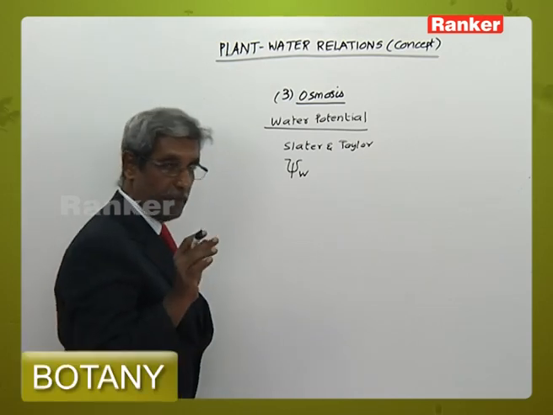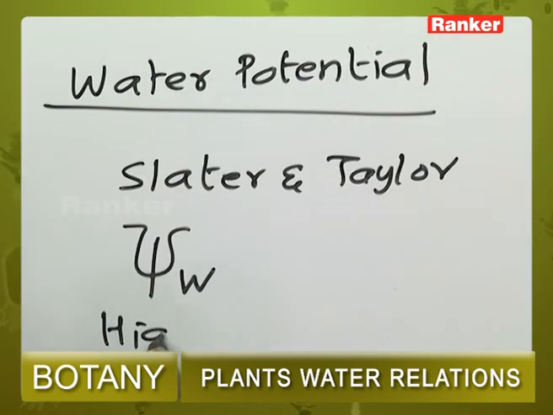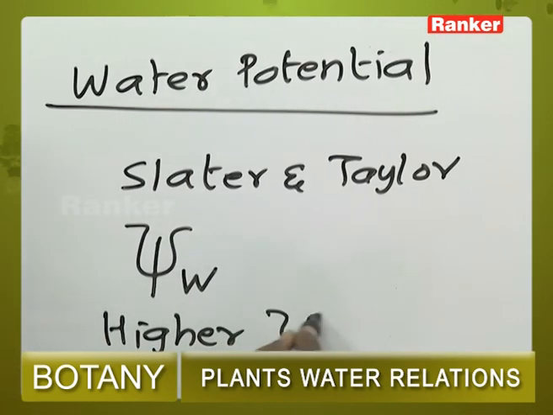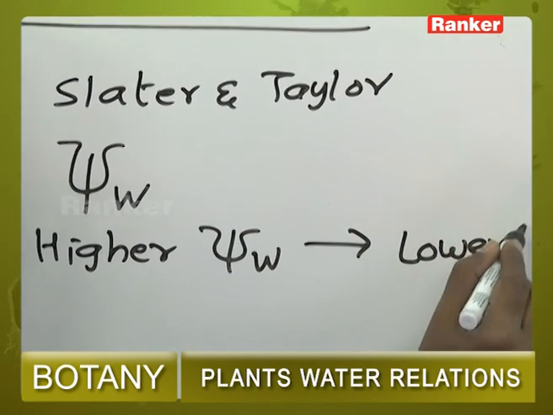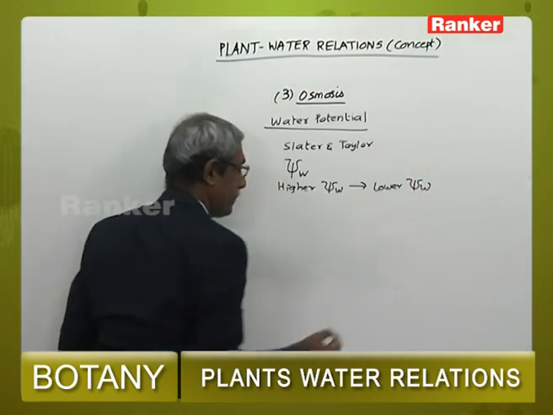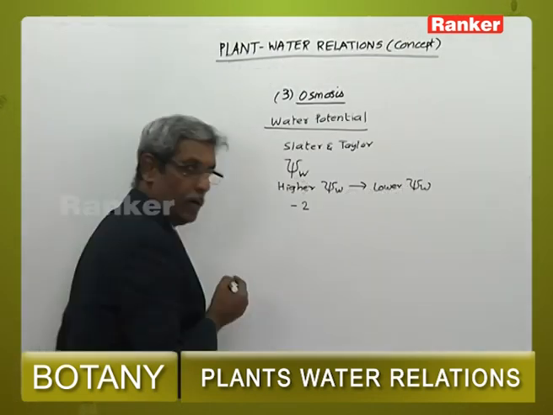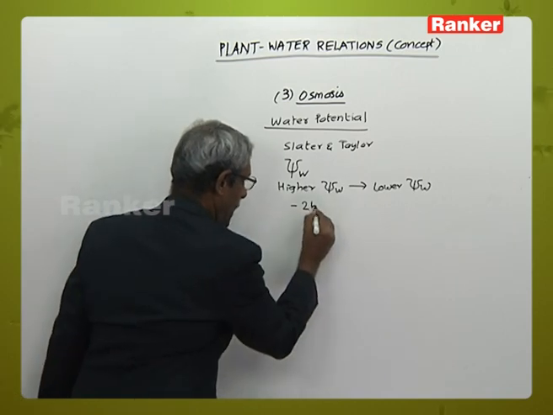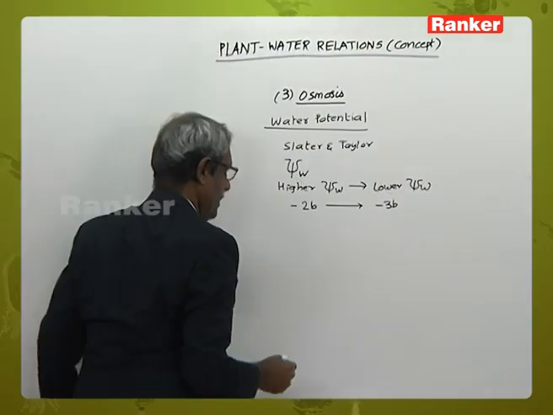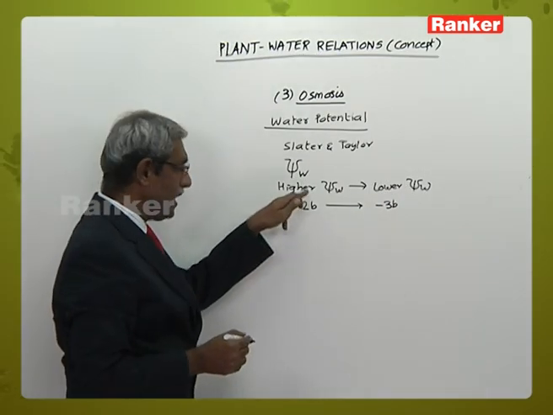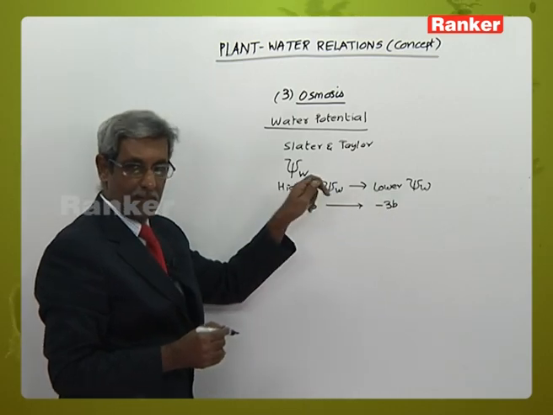During water potential, the movement of water is from higher water potential to lower water potential, that is, from a value of minus 2 bars to a value of minus 3 bars. Now imagine minus 2 indicates higher water potential and lower water potential is indicated by minus 3 bars.